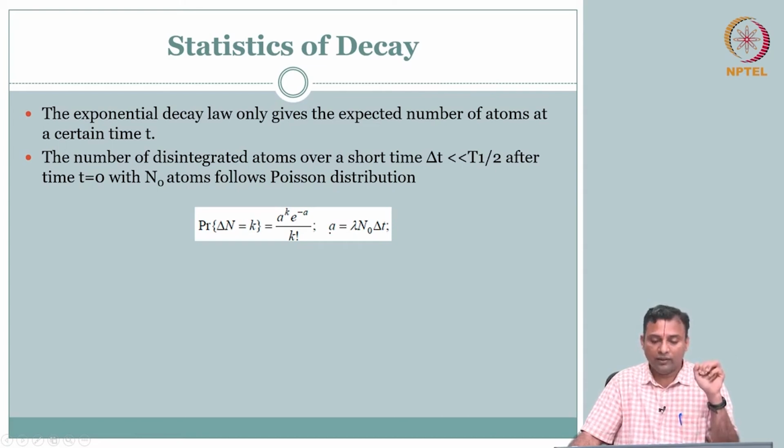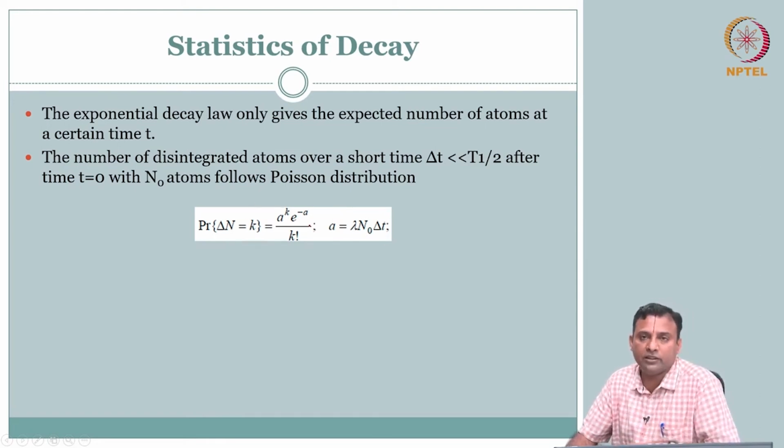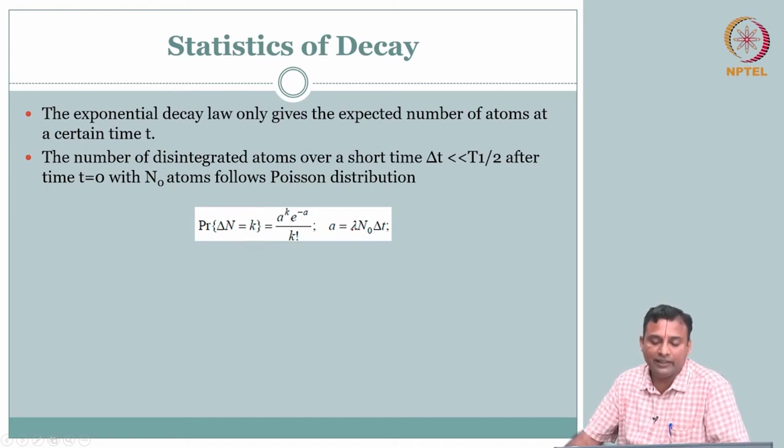So the mean is lambda N naught delta t, but this is not straightforward. This is the value of the mean for the Poisson distribution, but let us see if we can agree to this. How did we get a equal to lambda N naught delta t?